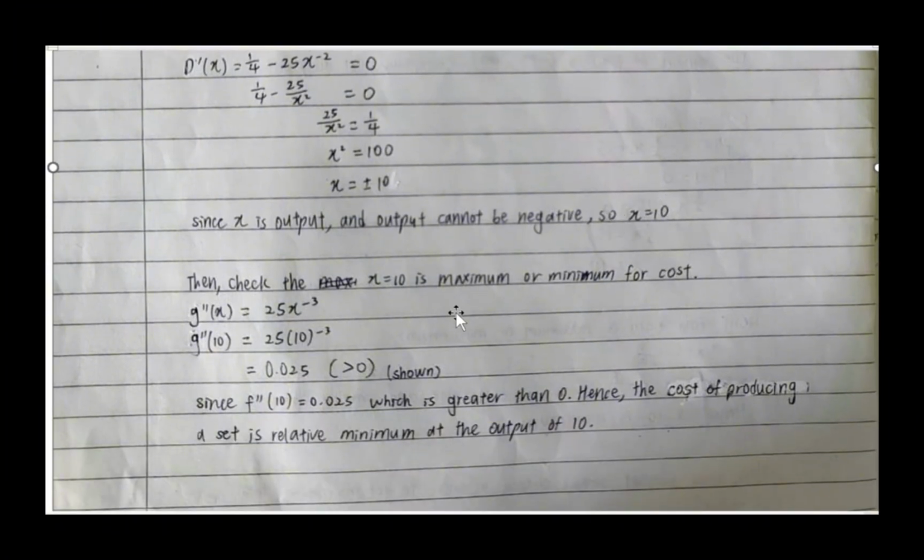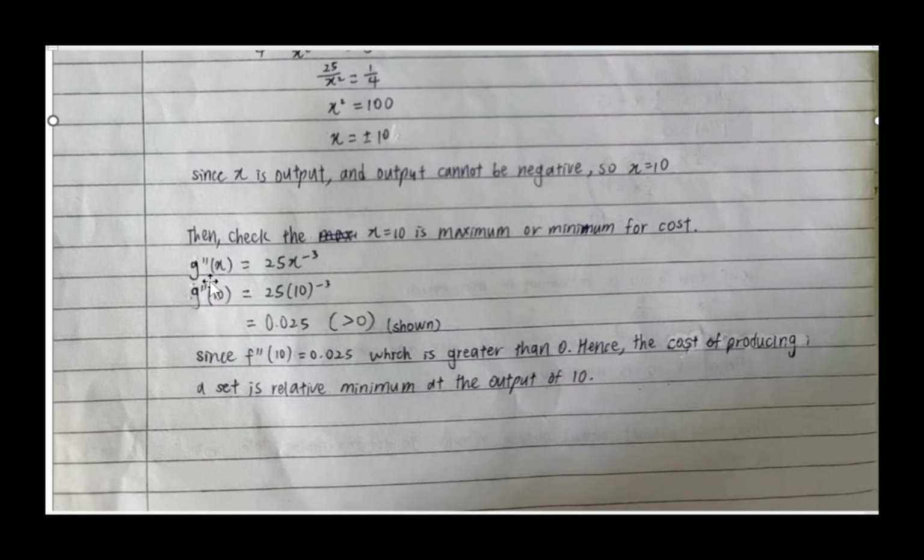Then we have to check whether this output is a maximum or minimum for the cost by using g double prime x, which equals 25 over x cubed. We substitute 10 into x, then we get 0.025, which is bigger than 0. Since the second derivative is bigger than 0, it means they are minimum.